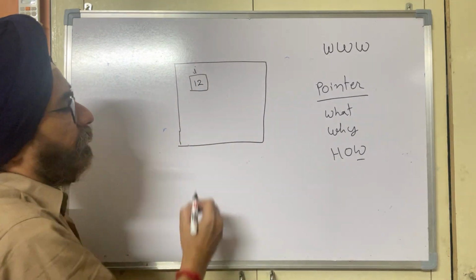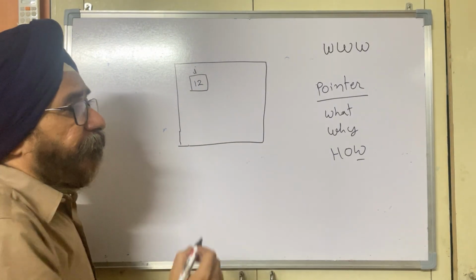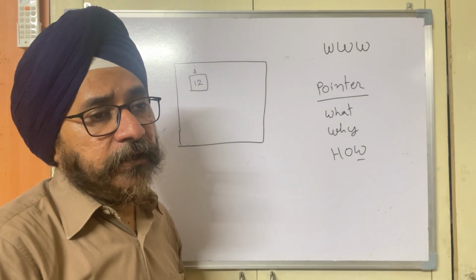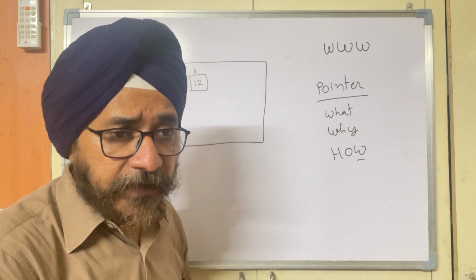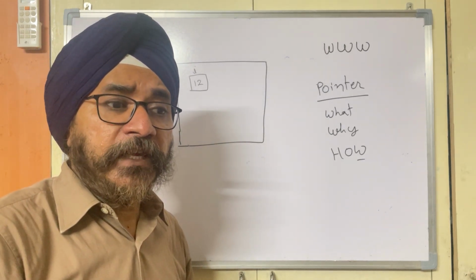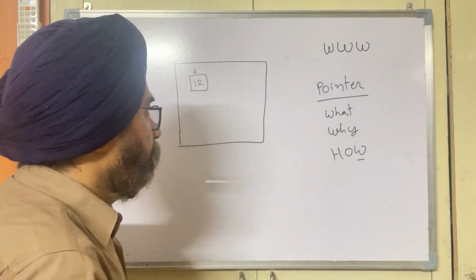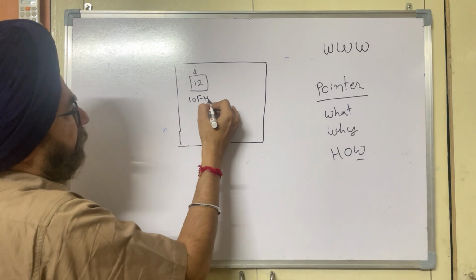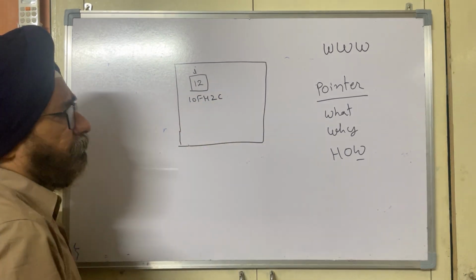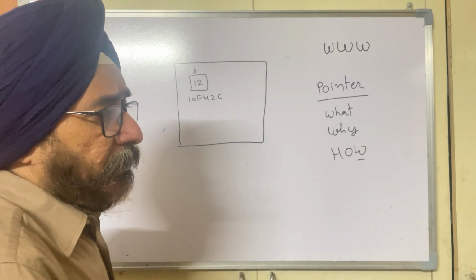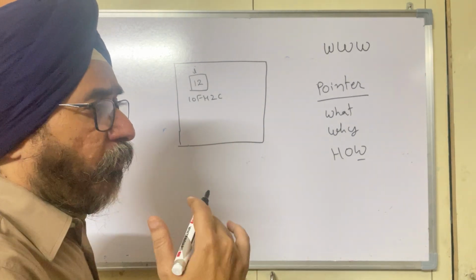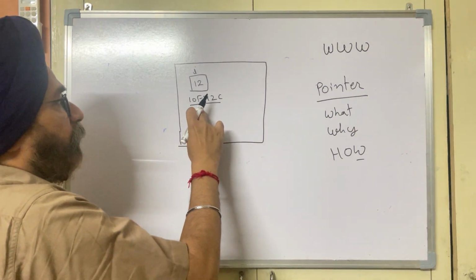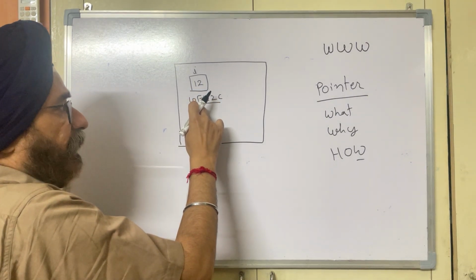Suppose the value is 12, and we know that any variable held in memory has an address, because without an address we cannot recognize that item. So in hexadecimal form, suppose the address is in such a way. The computer compiler always works with this and fetches the value from this address, and the value is 12.